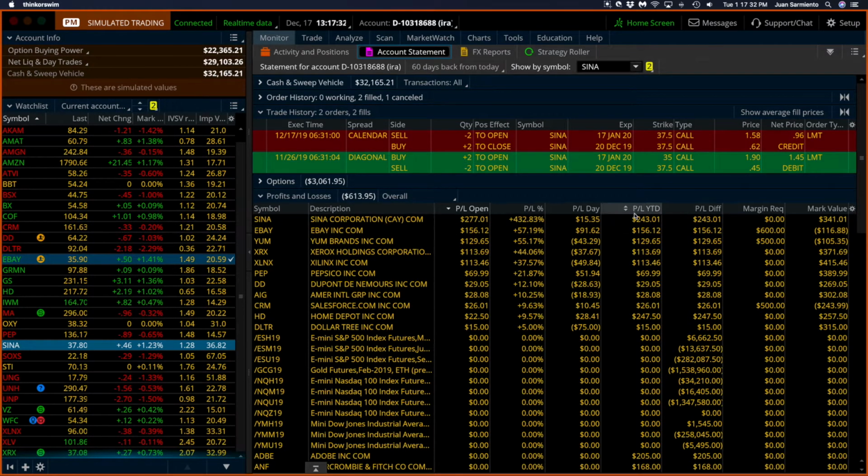And here is the realistic P&L so far this year. So you might lose track of it if you are using the technique that I use, which is the P&L from the opening. Okay, so we need to keep a close eye on that.